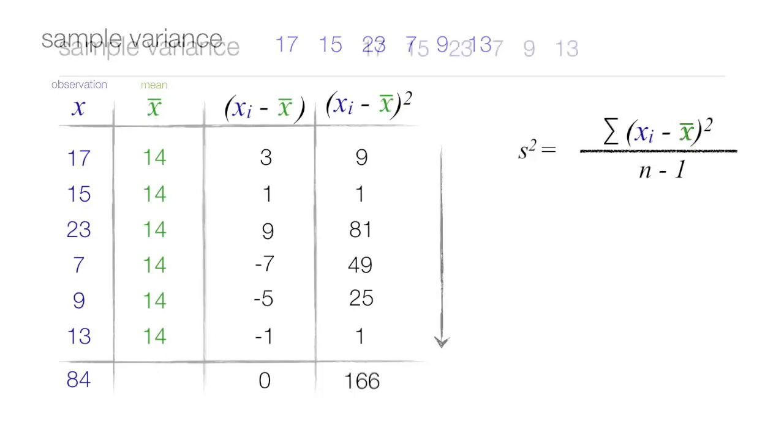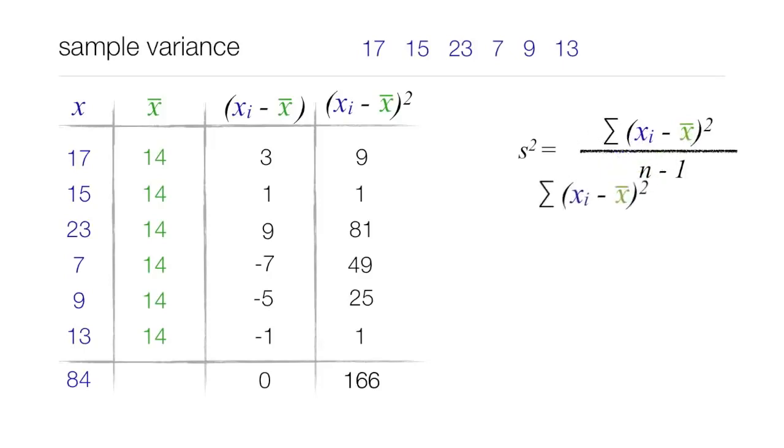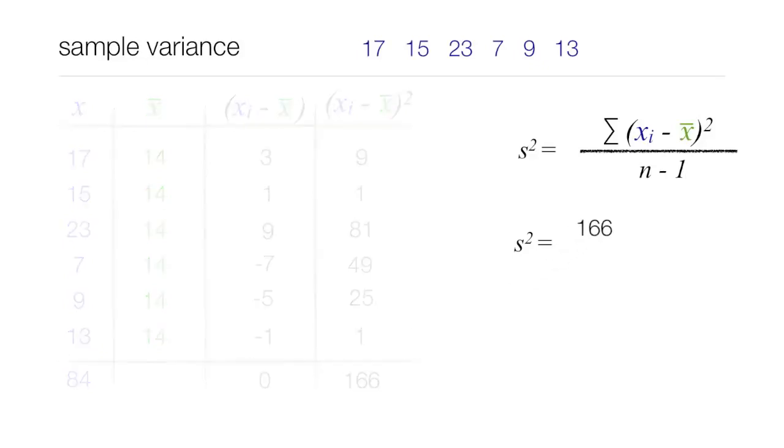The 166 is actually the numerator of that equation. So I can say the sample variance, which I have as s squared, is equal to 166 divided by n minus 1.